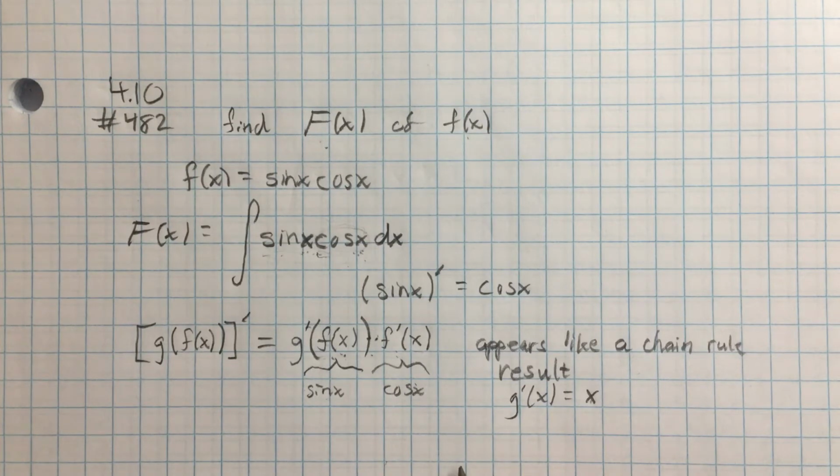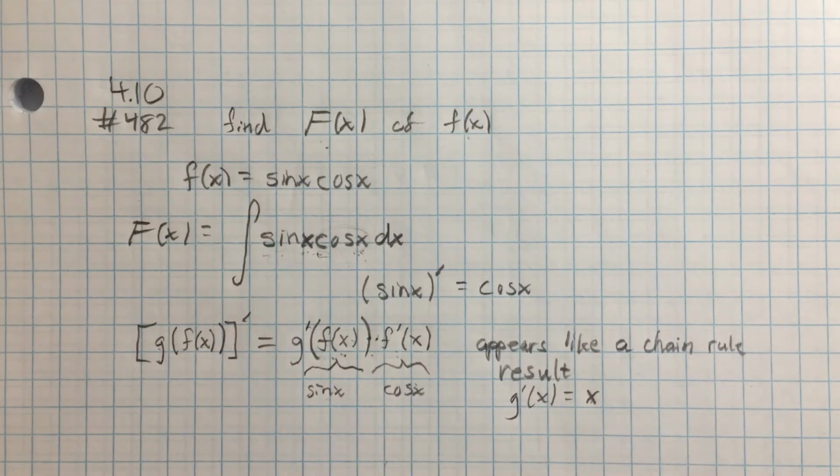So if that's the case, then what was originally the g function? What was g back before it was differentiated as a composition, as a chain rule to get to this state? Well, if g prime is x, then that means that g itself must have been 1/2 x squared, its antiderivative. So let's piece that together now.